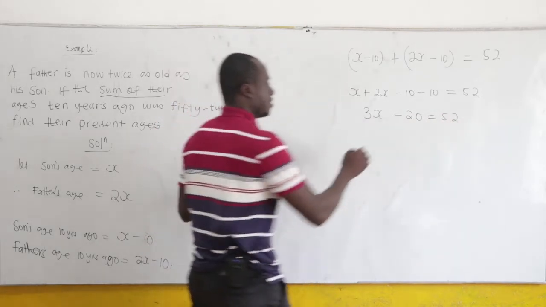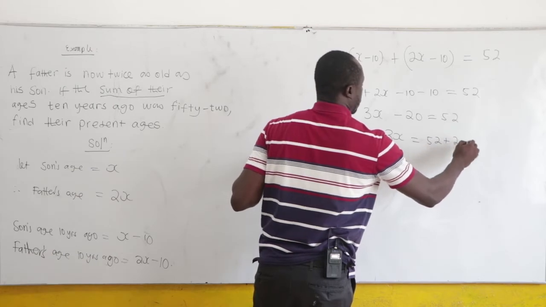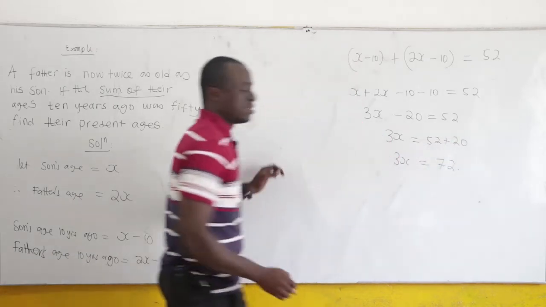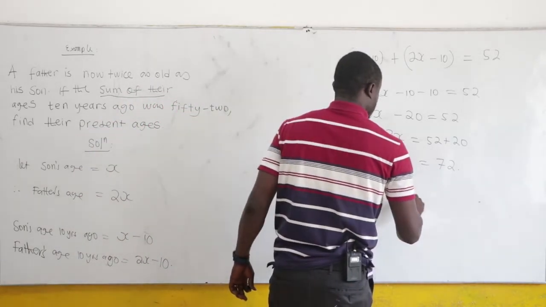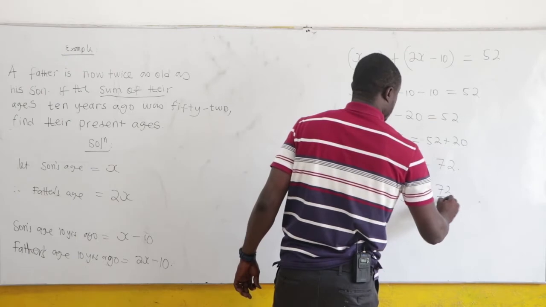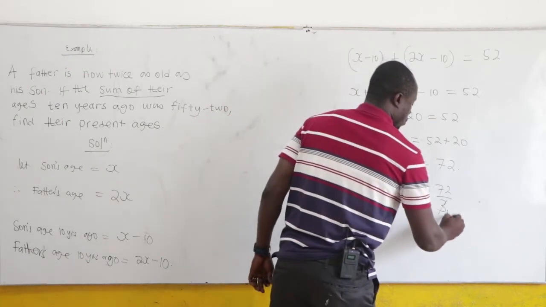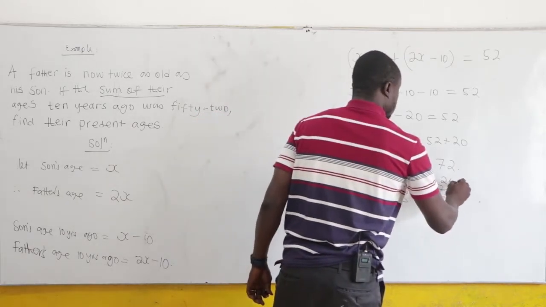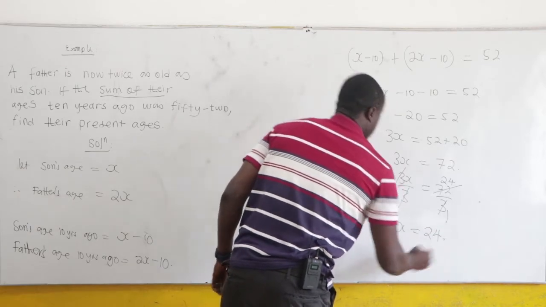We group like terms. You have 3x equal to 52 plus 20. 3x equal to 72. We want to find x, we divide both sides by 3. We have 3x over 3 equal to 72 all over 3. This 3 will cancel out that 3, leaving 1. 3 will go into 72, this is 24. So you have our x to be equal to 24.